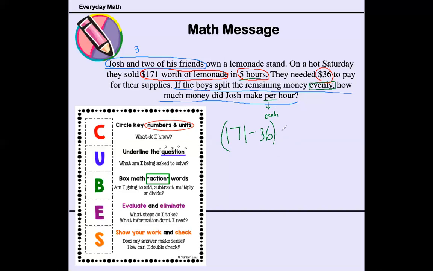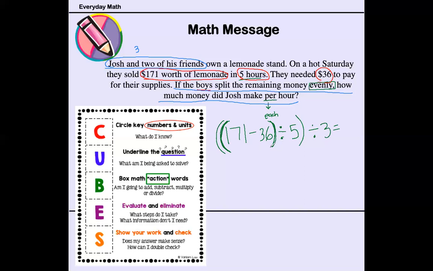So I would have to divide that by 5, which would give them each hour, but I would have to do another parentheses, and I would have to divide that among how many kids? 3 kids altogether. So there are 3 steps. First step is you would have to do the one that's inside the parentheses, the first one, 171 minus 36, because you need to find out how much money do they have altogether.